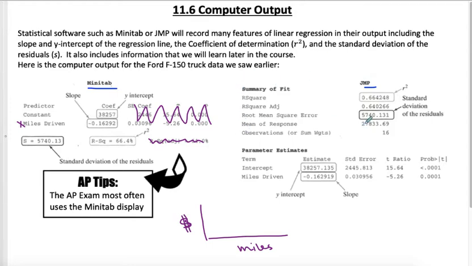In a similar way, JMP gives us our R squared and the root mean square error. This one's a little bit more unusual to see, but it does give us the intercept and the miles driven there. It's the same information, but we don't need all this other information. Most of the time we're going to see the Minitab output.